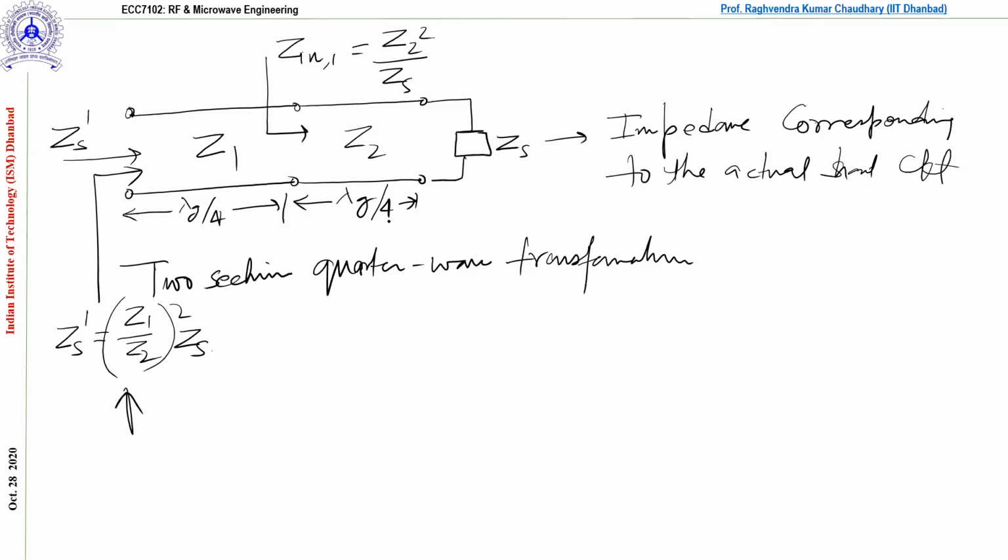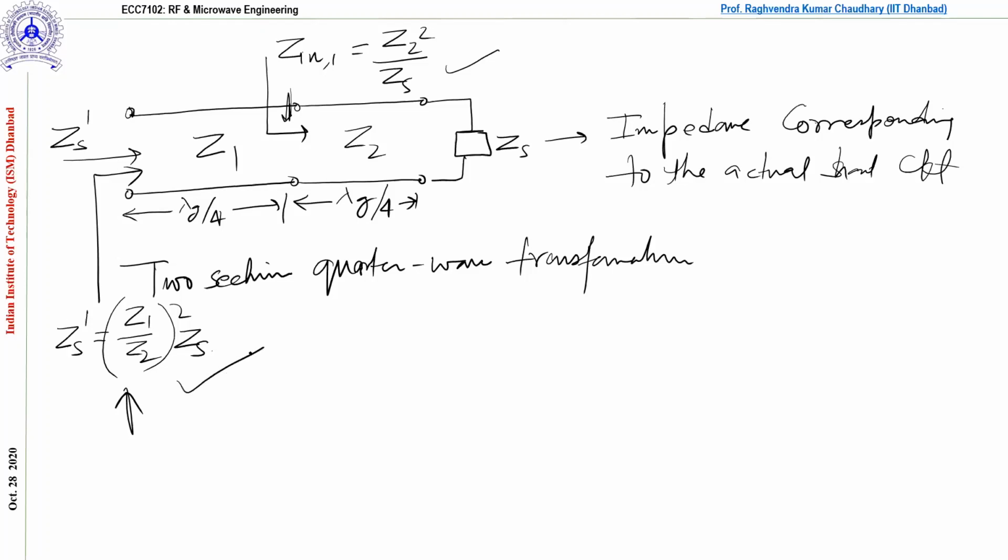Now I think this picture is clear, because if you see from this side, this is lambda g by 4, so we already have the quarter wave transformation. For the quarter wave, we know the relation between the input impedance, characteristic impedance, and load impedance, which is given by this. If this is the Z in at this location, again you have lambda g by 4, so you can easily find Z as this.